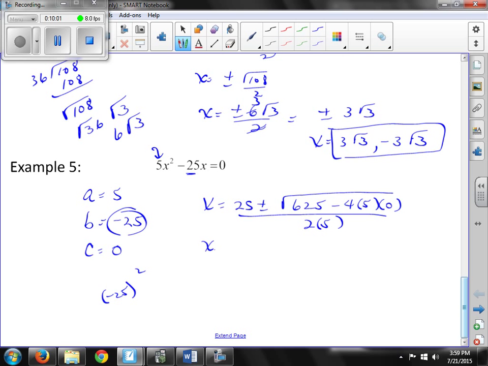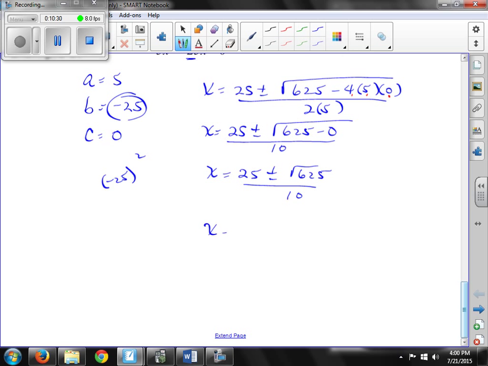So we have x is equal to 25 plus or minus the square root of 625 minus, let's see, 4 times 5 is 20, times 0 is 0. So we have 625 minus 0 over 2 times 5, which is 10. So we have x is equal to 25 plus or minus the square root of 625 over 10.